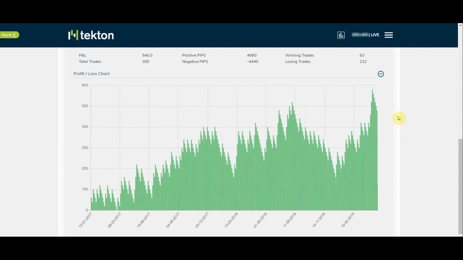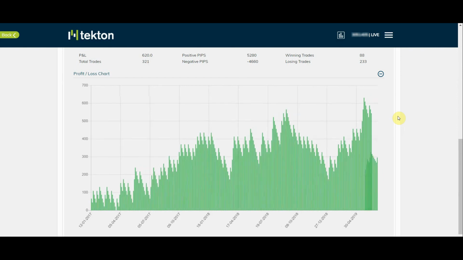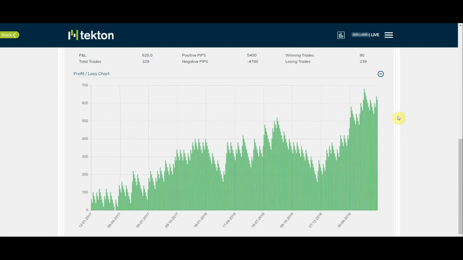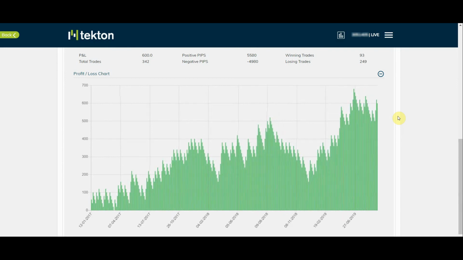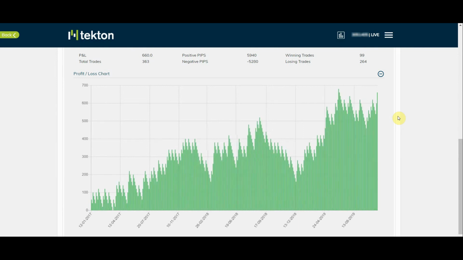If this was all red when I first start a strategy, I test it 1-to-1, 20 pips, 20 pips, to see the relationship between the winning trades and the losing trades. And I'll show you that in a moment, how I do that when I create a new strategy. Because once I've created a new algorithm, I want to see what it's like at 1-to-1. And if it's a huge loss, then I know by adjusting the reward to risk, it's not going to have any chance of bringing it into profitability.